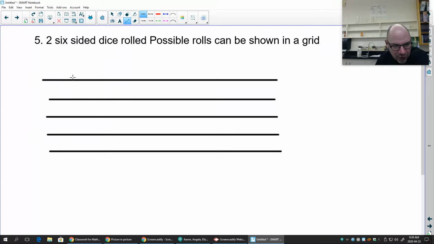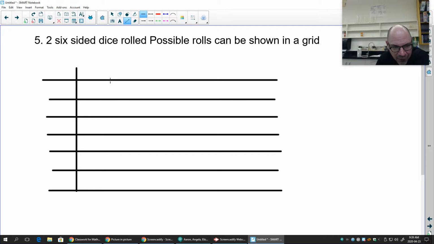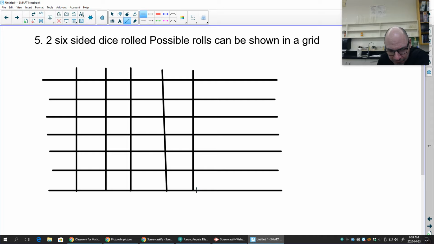So one die is going to be on the side here: 1, 2, 3, 4, 5, 6. I should make this bigger. And then I'm going to have here 1, 2, 3, 4, 5, and 6.